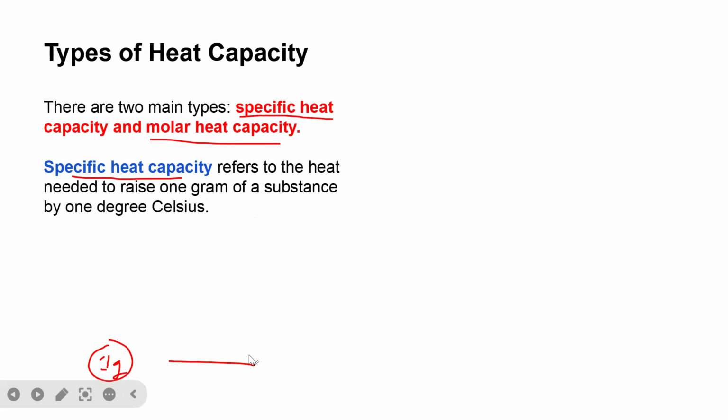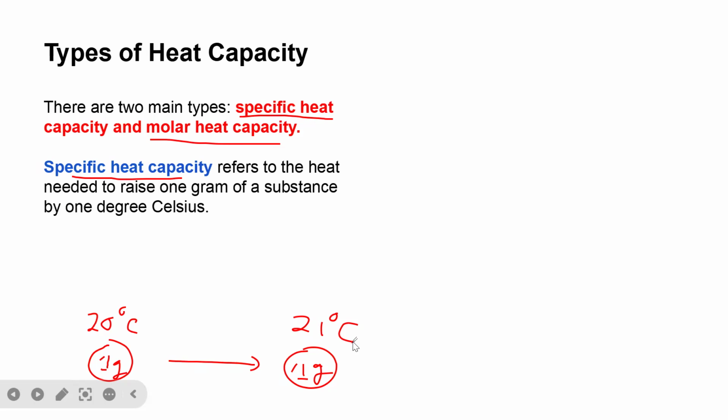Let's say initially it has a temperature of 20°C. When the temperature of 1 gram of a substance is changed from 20 to 21°C, this is what we call specific heat capacity. It is the amount of heat that is required to raise the temperature of 1 gram of a substance by 1 Kelvin, or by 1 degree Celsius.